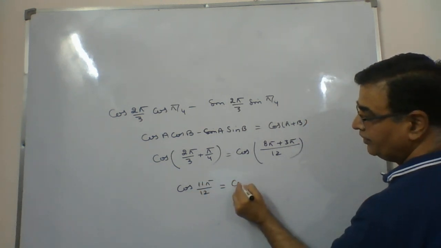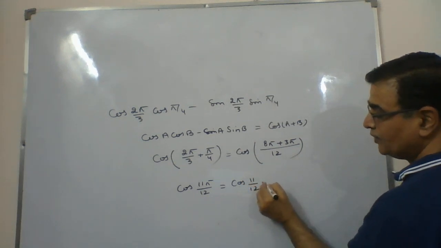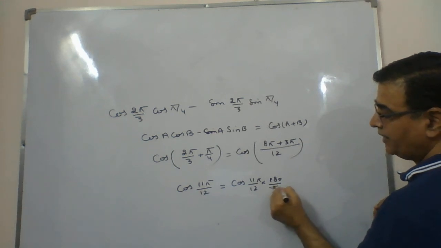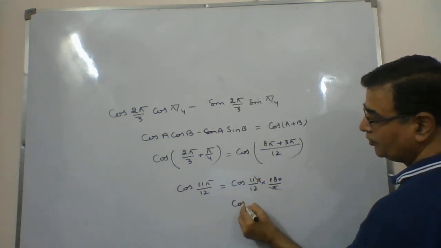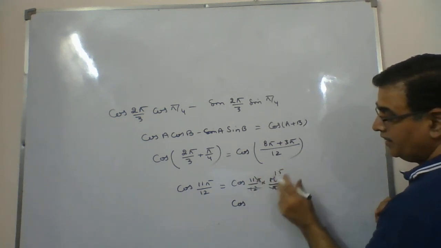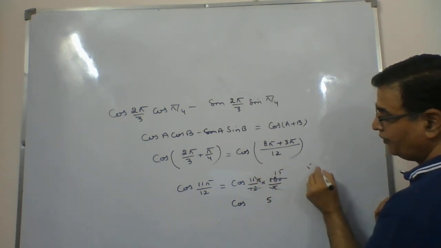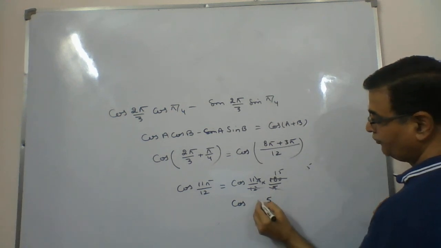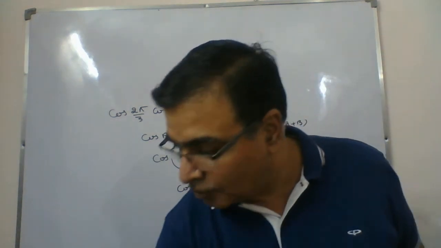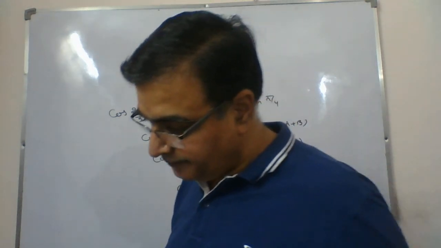When you convert to degrees, it will be 11 by 12 into 180 by pi. Pi and pi cancel out. By 12, it will be 15. 11 fives are 55, 11 ones are 11, and 165. The value is coming cos 165 degrees.